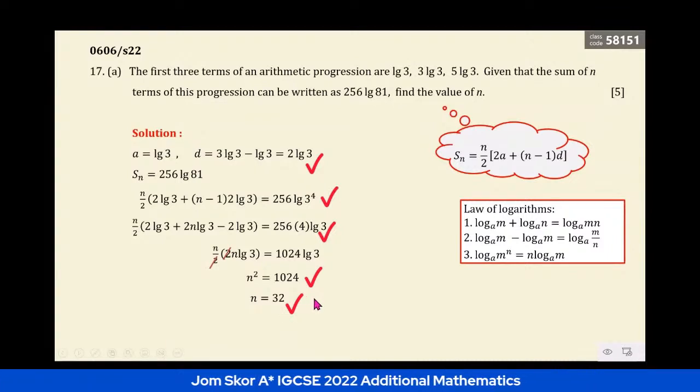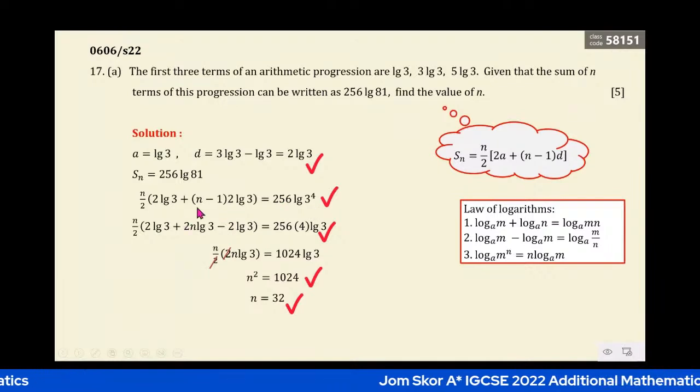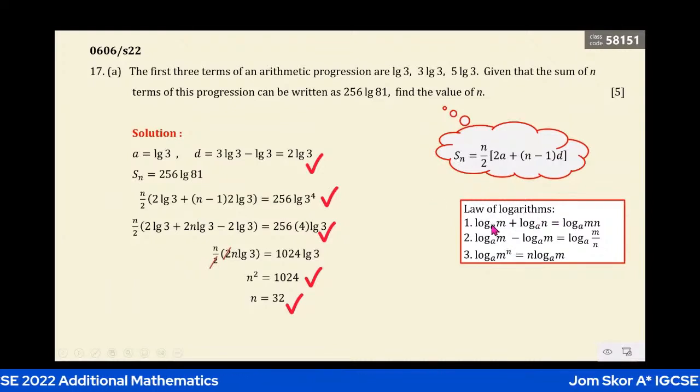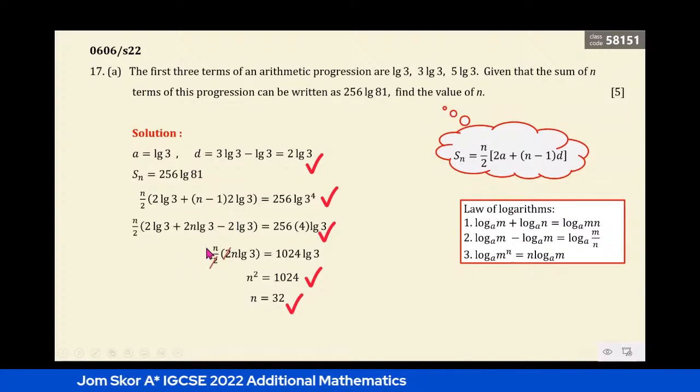Okay, for log question, this is one of the example how to solve the problem. If you use another way to solve the problem, tak ada masalah. So you all boleh je guna, because as long as you use the law of logarithm, you follow the rules, okay, the legal rules, buat ikut rules betul-betul, ikut law dia, tak semestinya macam ni.